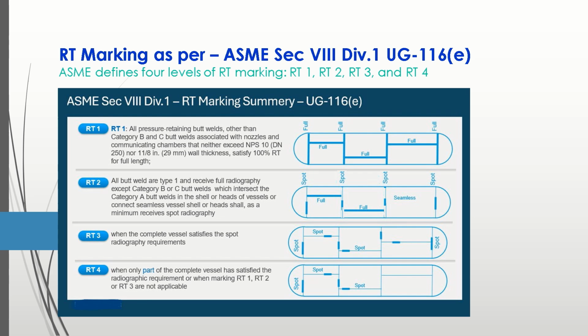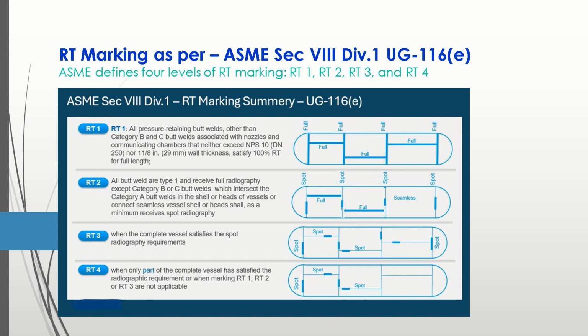RT3 is when the complete vessel satisfies the spot radiography examination requirement. All the longitudinal joints and circumferential joints are spot radiographed.